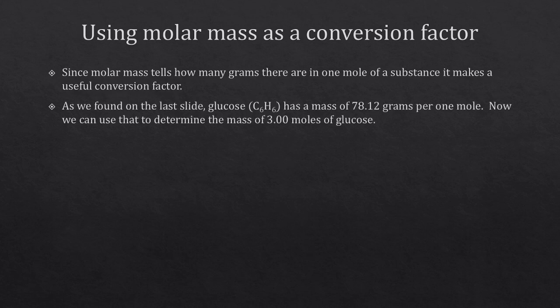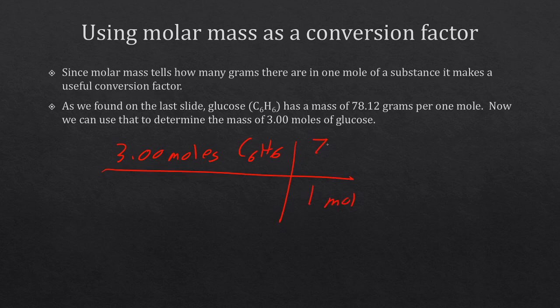So we found out C6H6 has a molar mass of 78.12 grams per mole. I'm going to show you how I could use that to determine the mass of 3 moles. If I have 3 moles of C6H6, what I know is for every 1 mole, it has a mass of 78.12 grams.